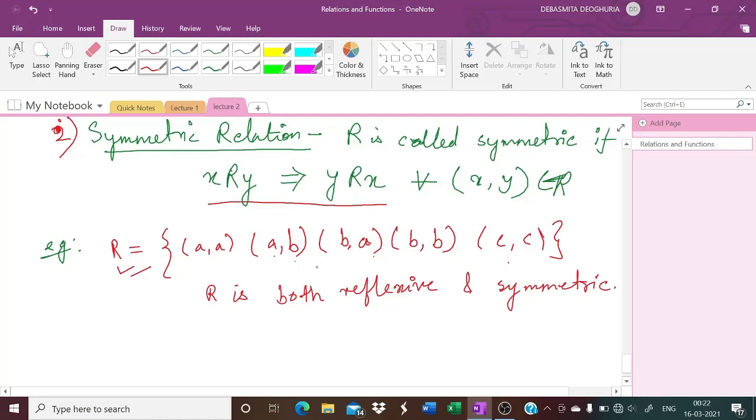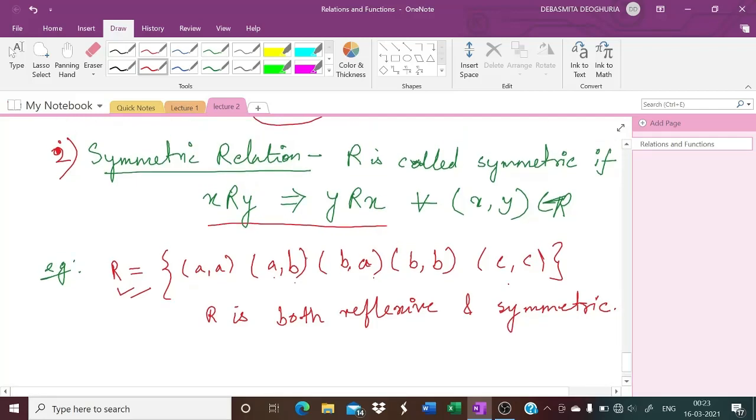Now some of you may have a doubt: ma'am, in this question we don't have A comma C, C comma A, B comma C, C comma B, so is it right that this is still symmetric? Yes, it is correct. Why? Because we have learned that it is not necessary that all the Cartesian product elements would be there in your relation.